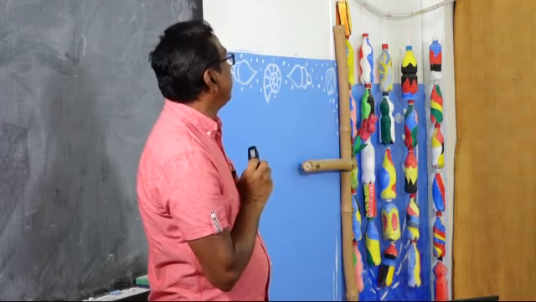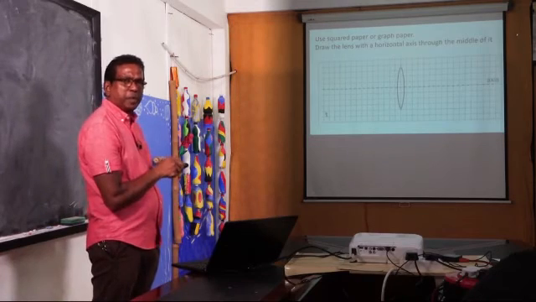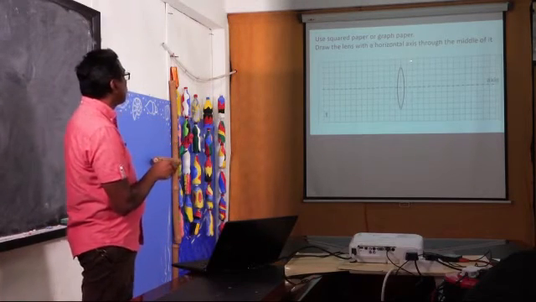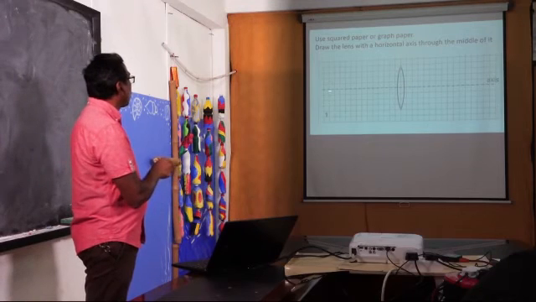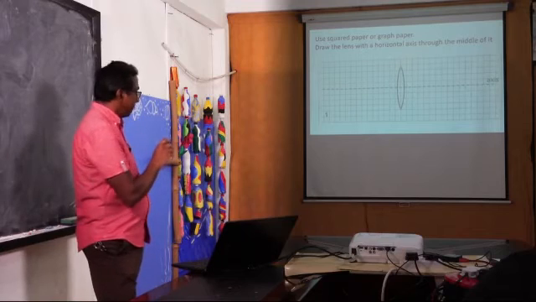We move. Now, here again, when you are drawing, positioning images, it is important that you use squared paper or graph paper because you have to be precise. So first thing you do, you draw your lens and you draw your principal axis. Very important.